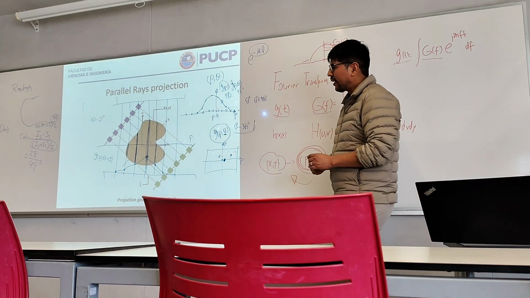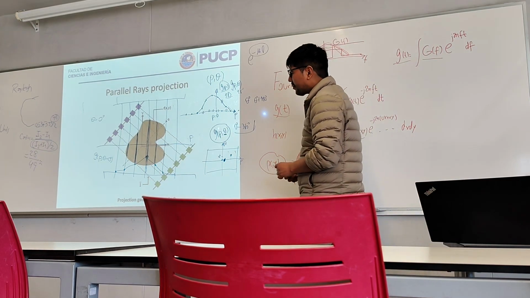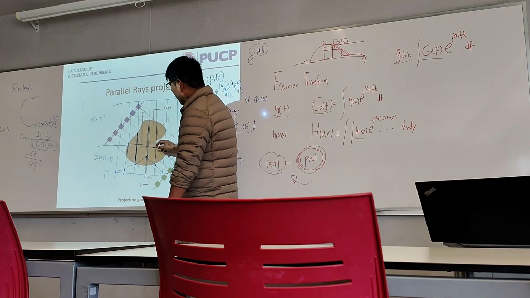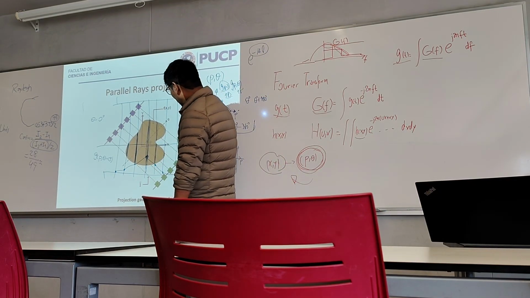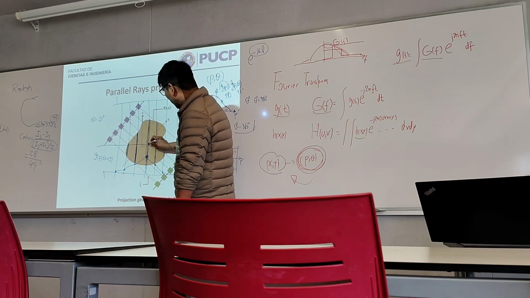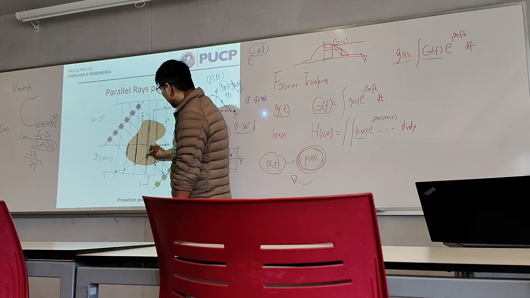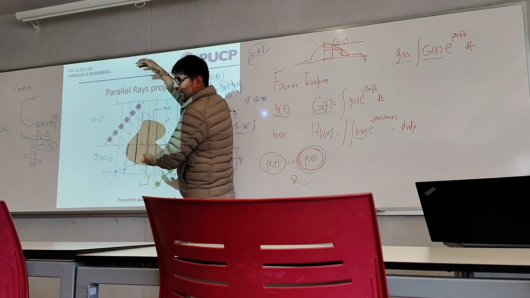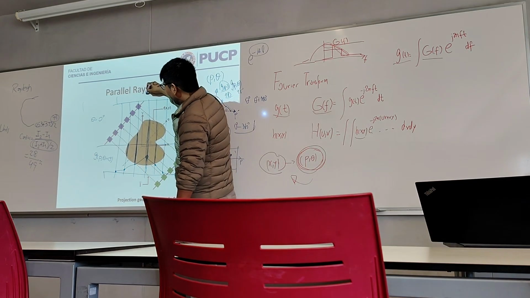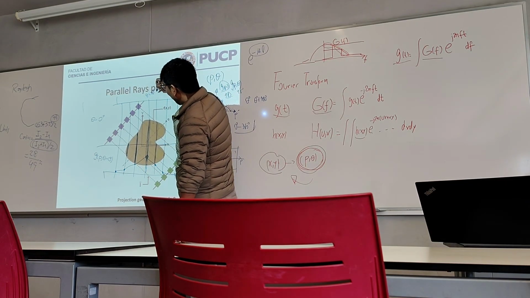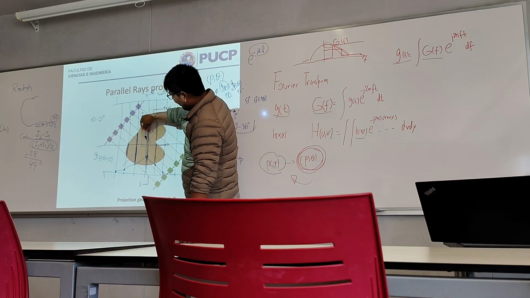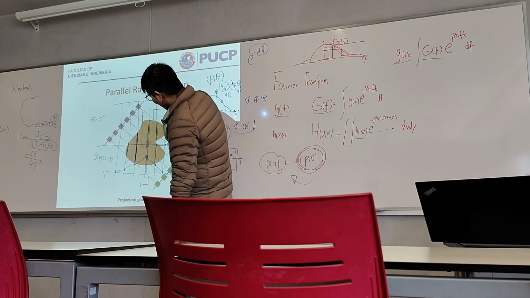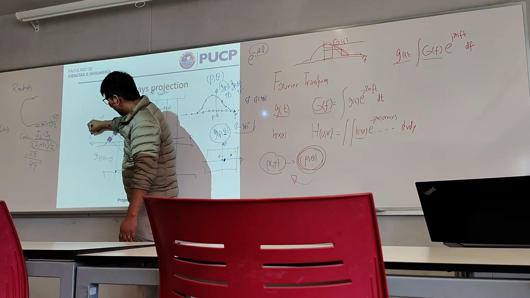I think only in this case, what would be the difference? For example, in this case, P larger than 0 will be this point. But if we look the other way, when theta equals 180 degrees and the sources are here, if we send these rays in this direction, the axis T will be pointing this way.